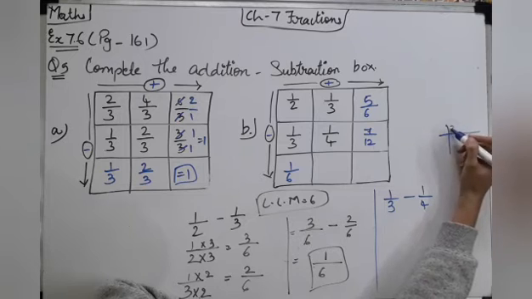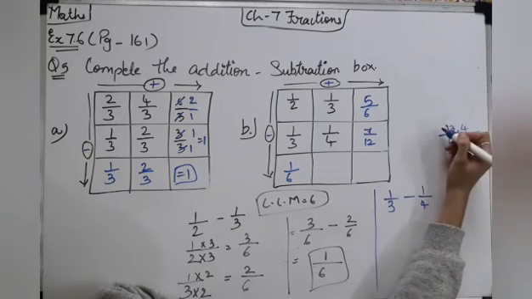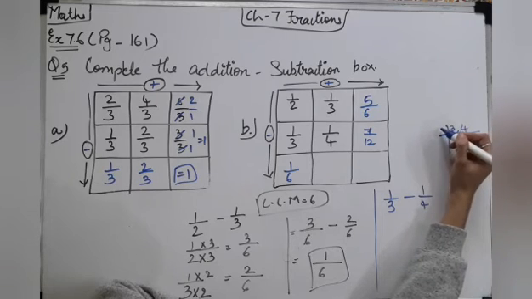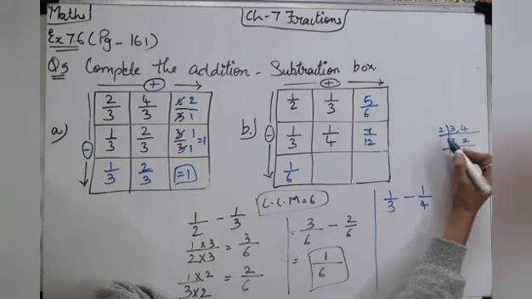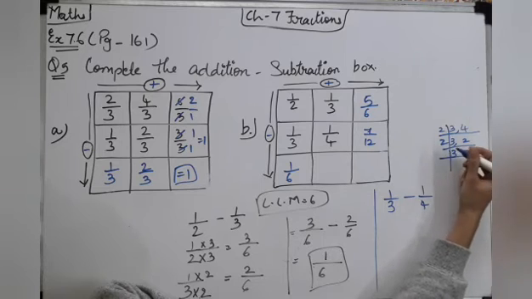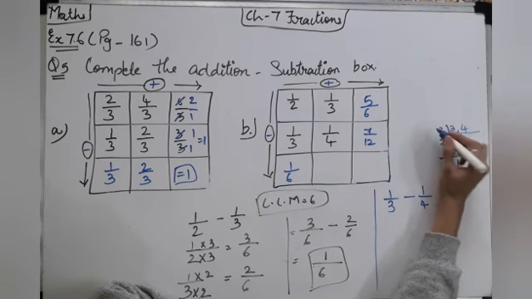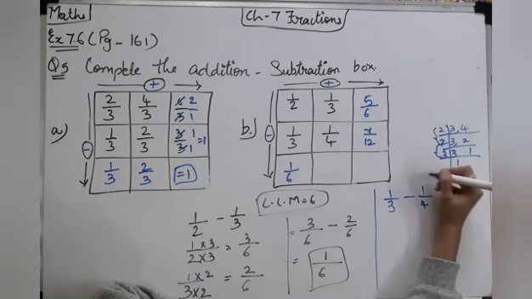We'll take out the LCM because the denominators are different, means they are not like fractions. So 2 2s are, 2 1s are. We'll put down the 3 that way only because in the 2 table 3 is not coming, and 3 1s are 3. 2 2s are 4 and 4 3s are 12. So we got the LCM 12.